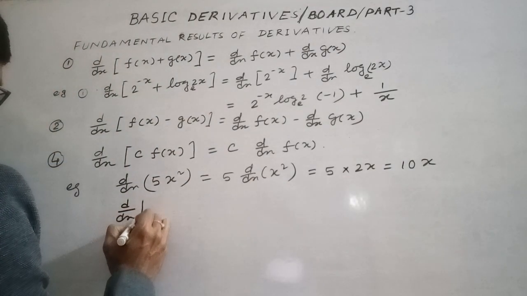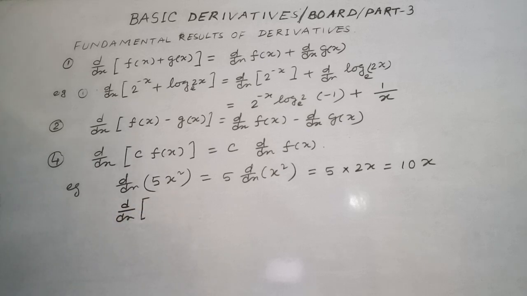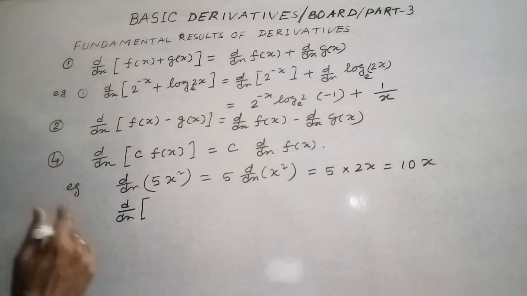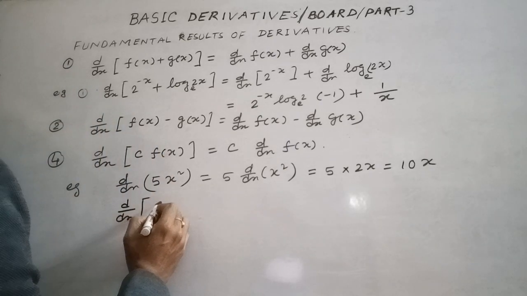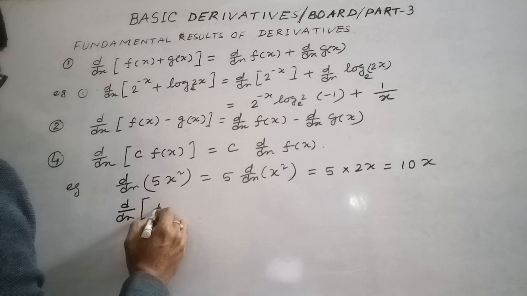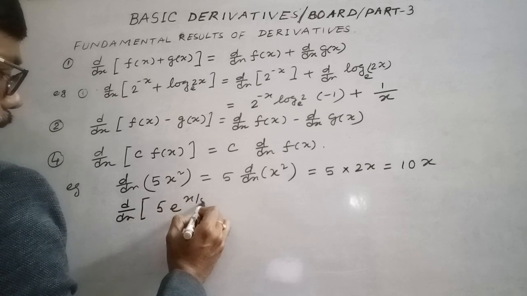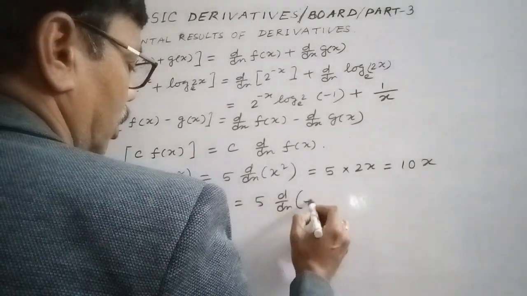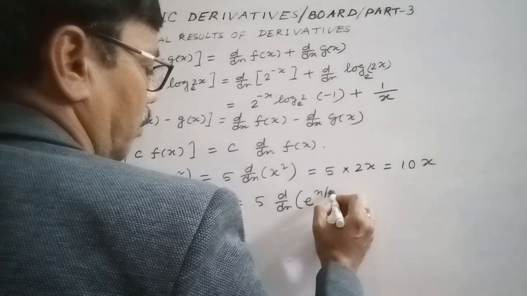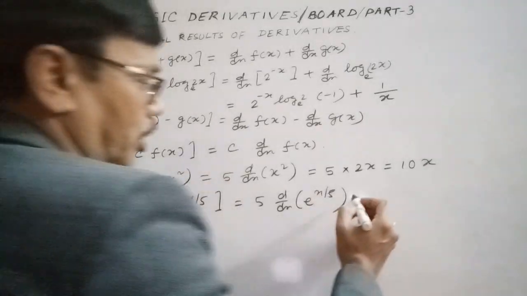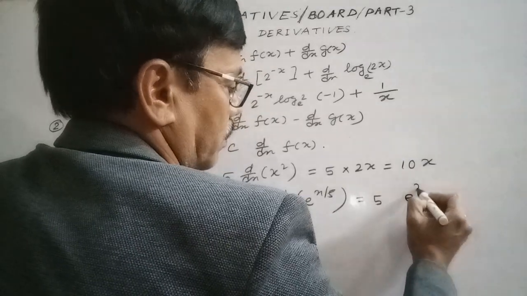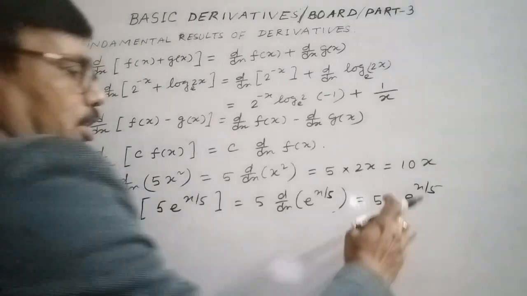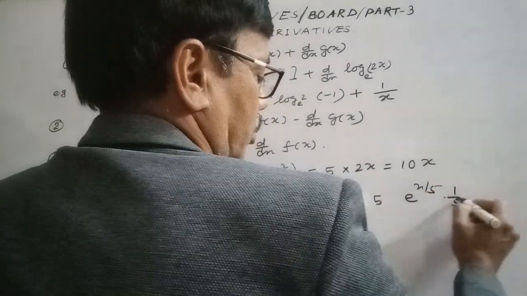d/dx of 5 into e to the power x by 5. So 5 outside, d/dx of e to the power x by 5. Then try to recall the formula: the derivative of e to the power x is e to the power x into the coefficient of x.